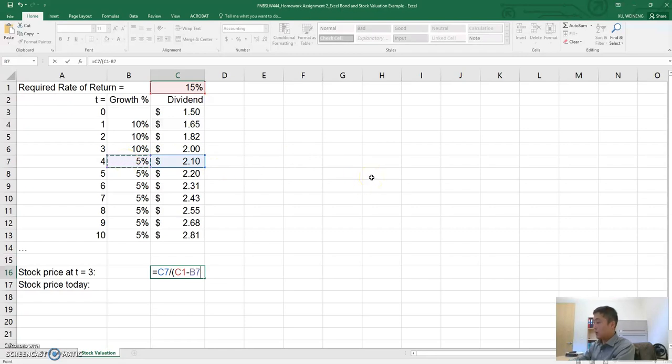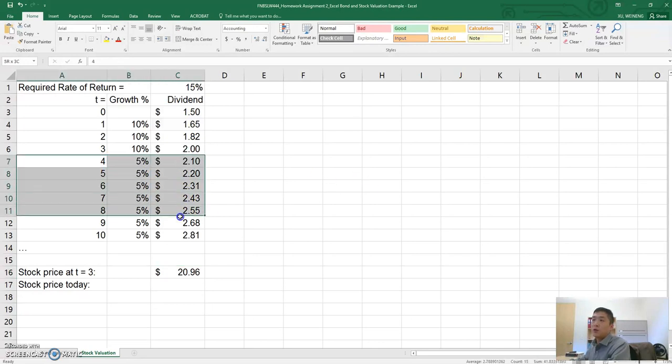Okay, so we close the parenthesis right here and compute that at T3, the stock price, or say the present value of the future cash flow, is going to be $20.96.